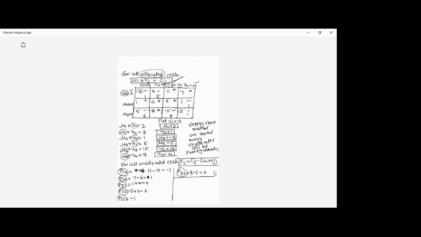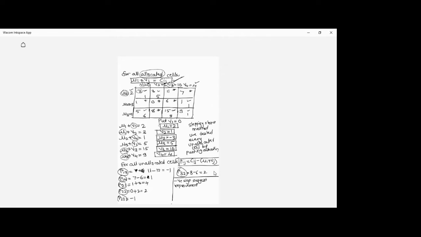The understanding is the same, right? So what is the basic understanding that we have? For stepping stone, a negative sign suggests improvement can be done in that cell.